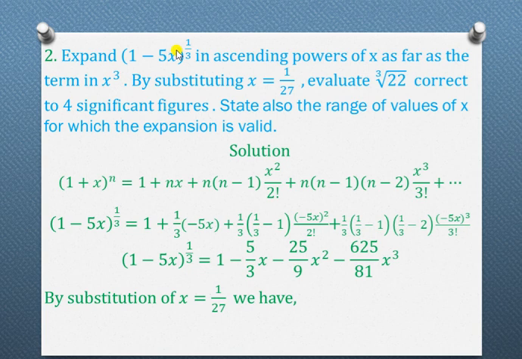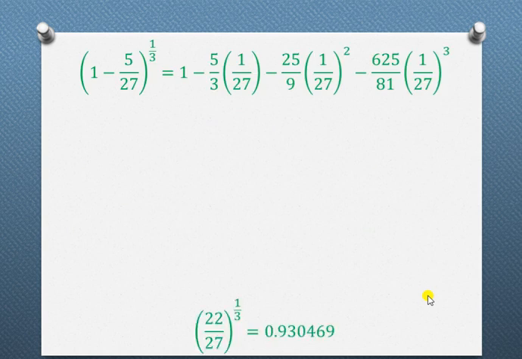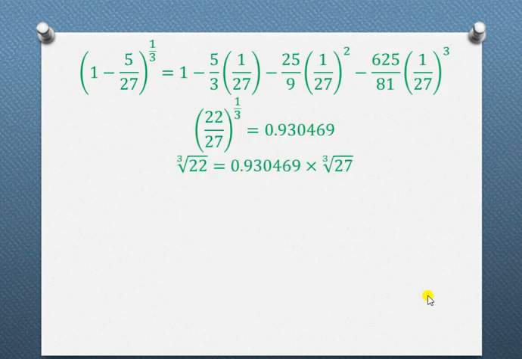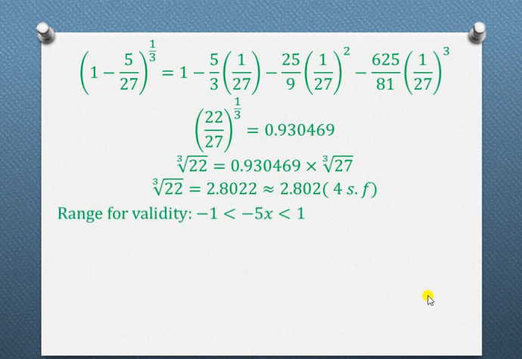So it means for this expansion to also be valid, it will only be valid if -5x is between -1 and +1. And that is exactly what I did to come up with this step that we are yet to see, this one here. So I say range for validity, we're going to say -1 less than -5x less than 1.